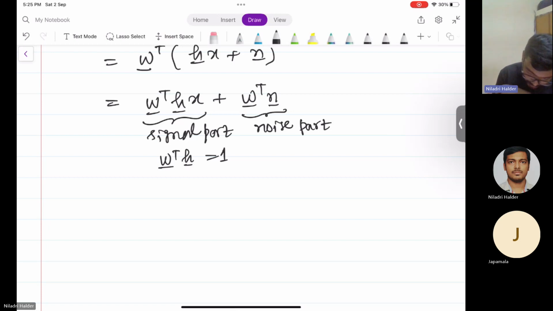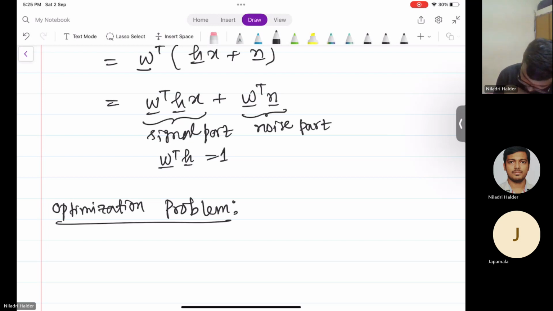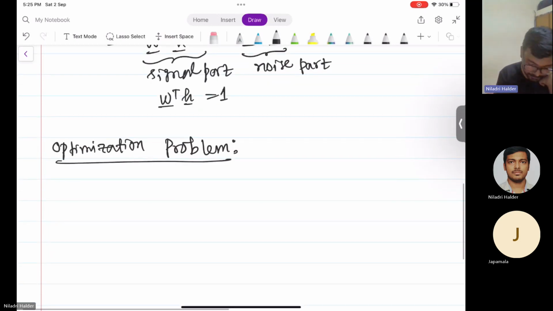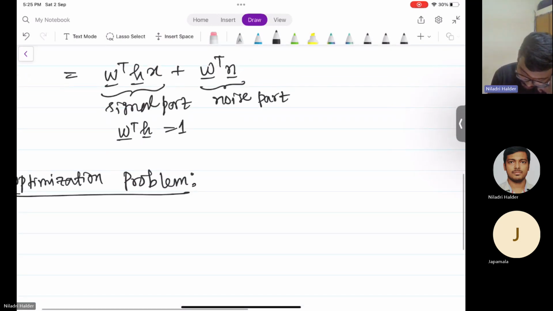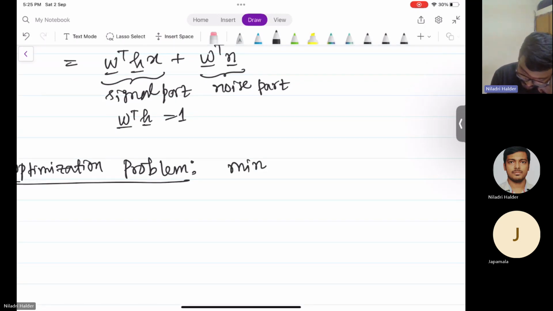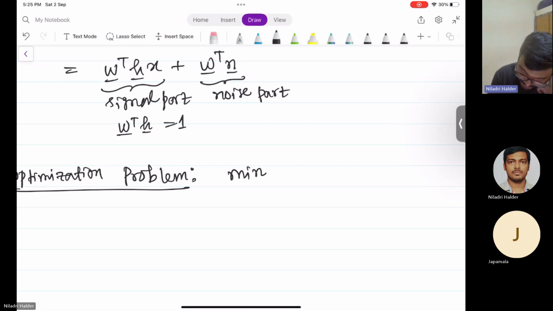Our optimization problem is that we have to minimize the noise power. What is the noise power?